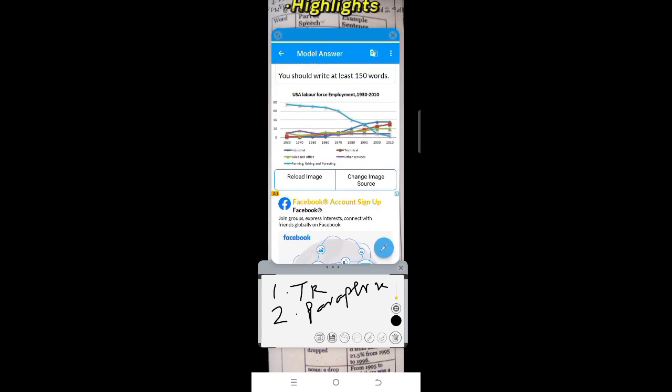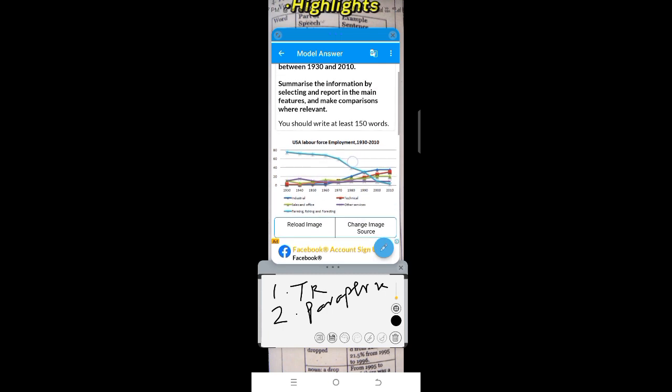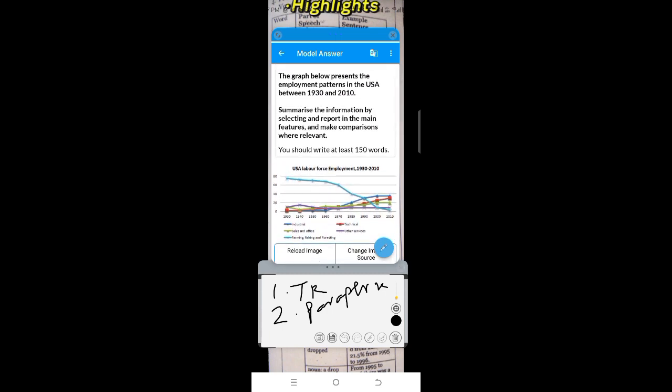The second thing is you need to paraphrase, like I told you in the previous class. You will be paraphrasing by taking the topic. For example, if the topic is the graph below represents the employment patterns in USA between 1930 and 2010, you need to replace the word below or presents with a similar word.